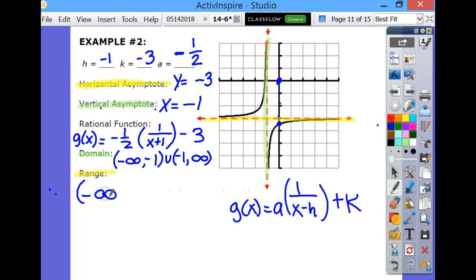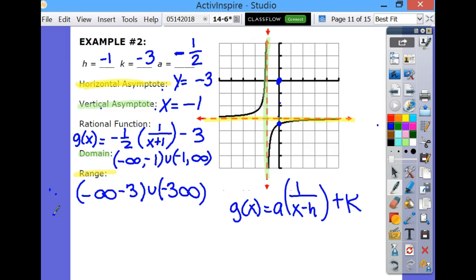It's negative infinity to positive infinity, but there's a break at this asymptote. Does that make sense to you that the domain and range have to have two parts? Because the graph has two branches, two parts.